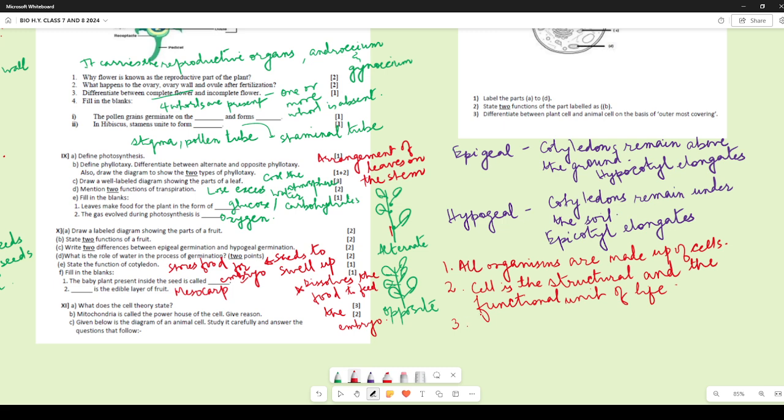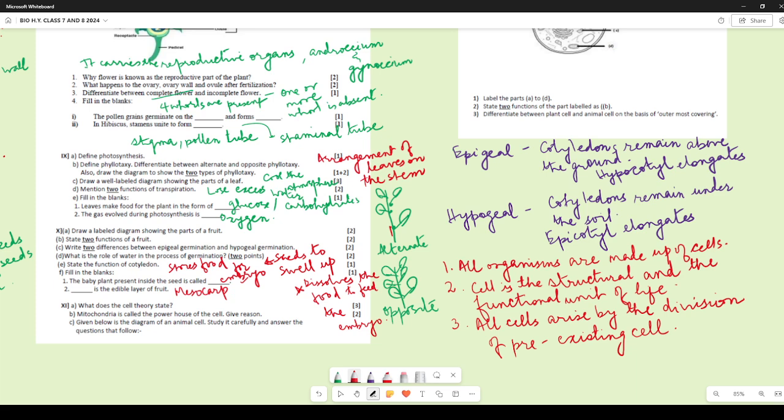And the last point of the cell theory says all cells arise by the division of pre-existing cells. What do we mean by that? Each cell will divide to give rise to new cells, right?